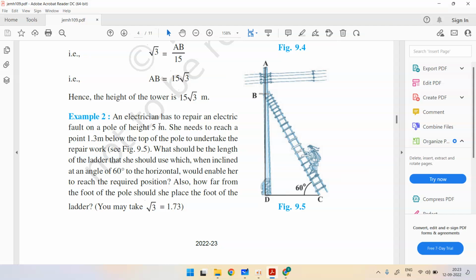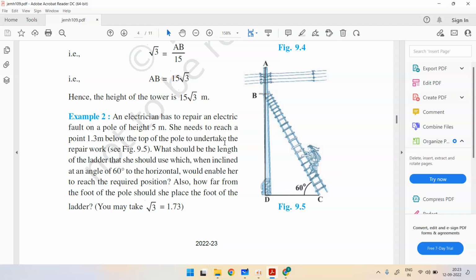What should be the length of the ladder she should use, which when inclined at an angle of 60 degrees to the horizontal would enable her to reach the required position? Also, how far from the foot of the pole should she place the foot of the ladder?